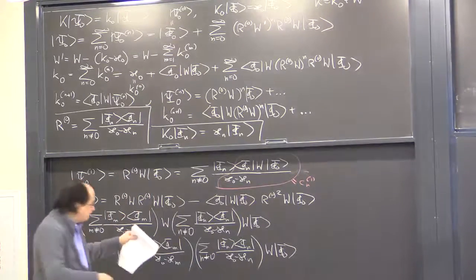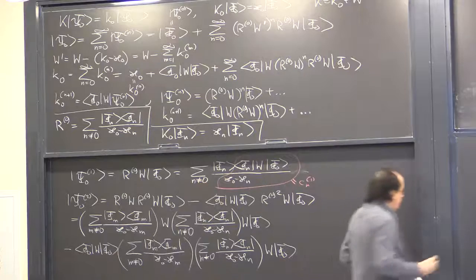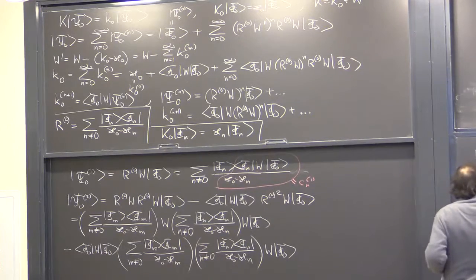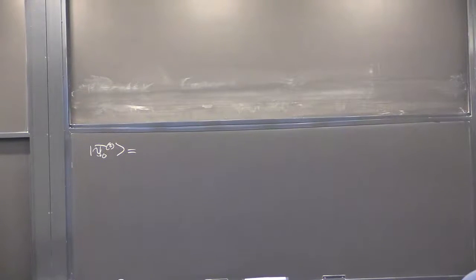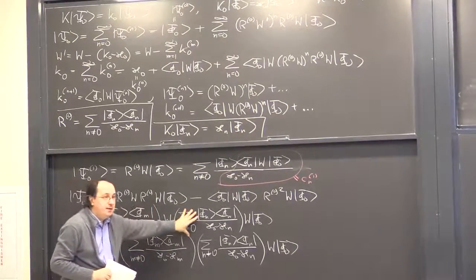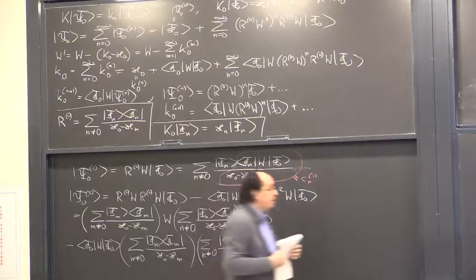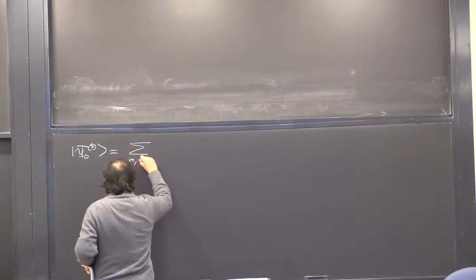Let's now polish this expression a little bit. What is then psi 0, the second order correction to the wave function? You can see there's going to be a double summation over m and n, avoiding phi 0, so a summation over m, n different than 0.